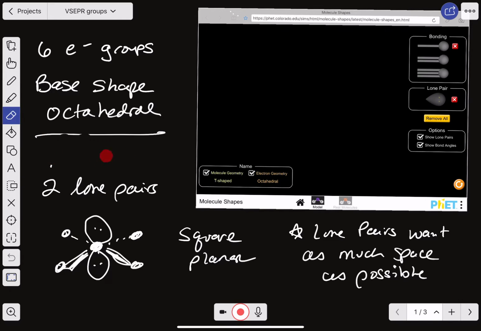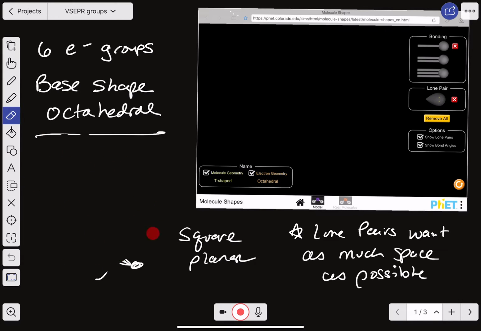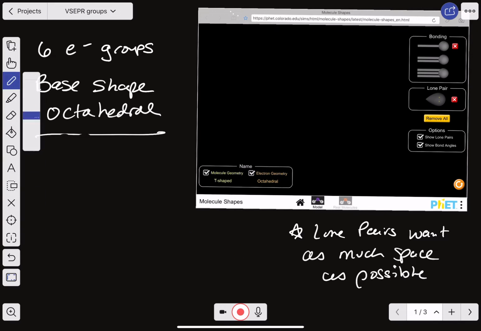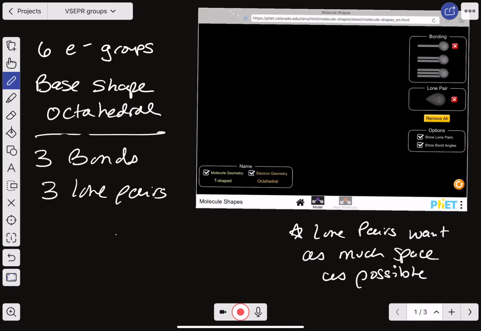I'll erase what we had for 4. So if I have 3 bonds and 3 lone pairs, now I'm going to have something that looks like this. So here's the T-shape.